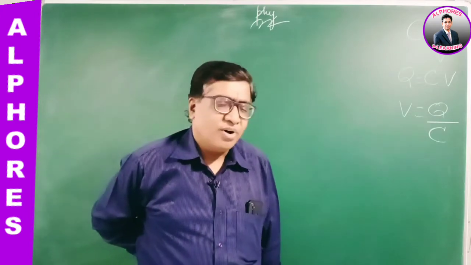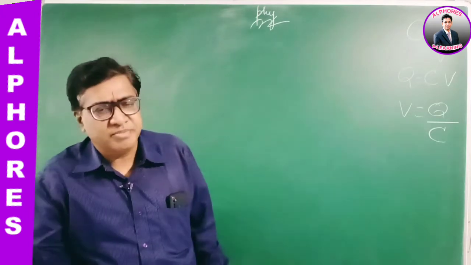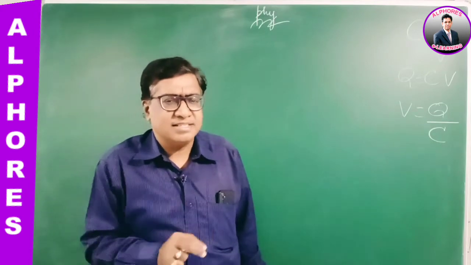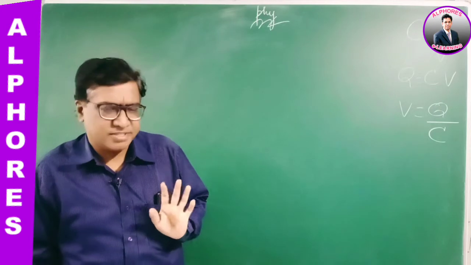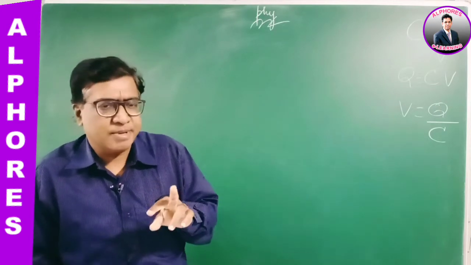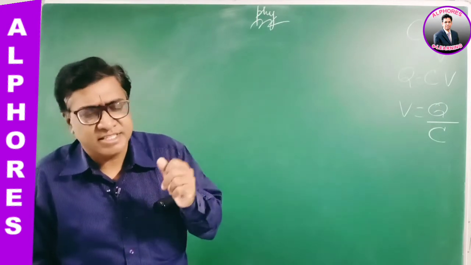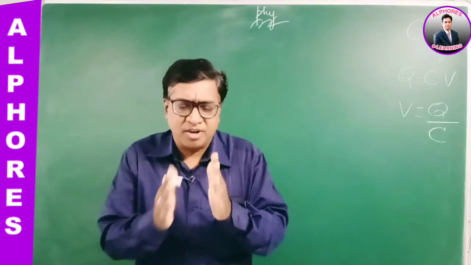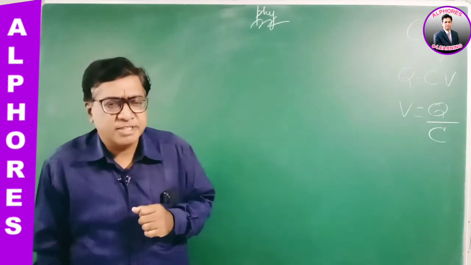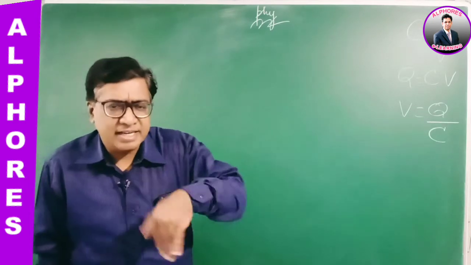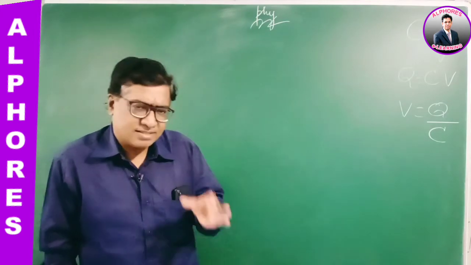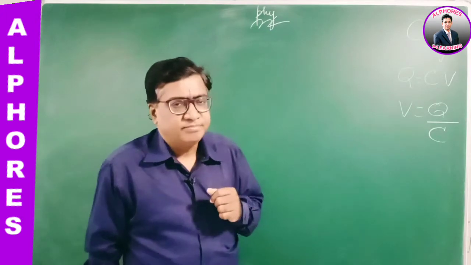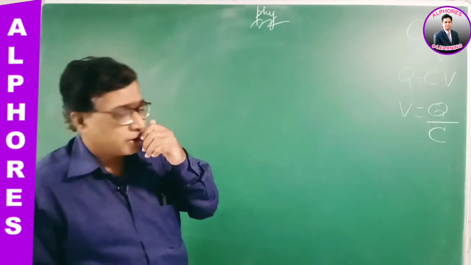Now all these condensers are in use, and we call them capacitors. A spherical capacitor is a combination of two concentric spheres. A parallel plate capacitor is a combination of two parallel plates separated by a small distance. A cylindrical capacitor is two concentric hollow cylinders. We have dealt with the formulas also.